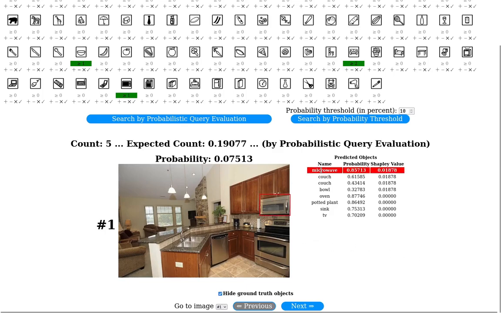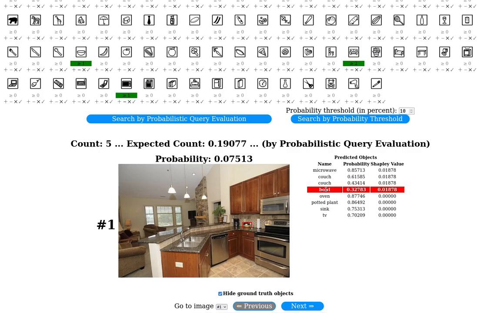We have a microwave oven, we have 2 couches here and here, and we have 1 ball here.